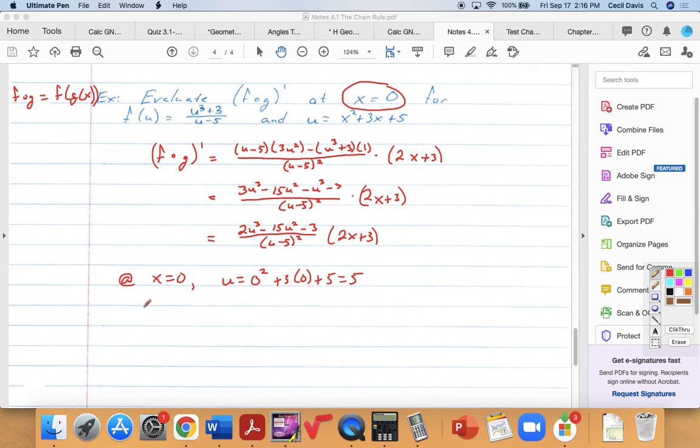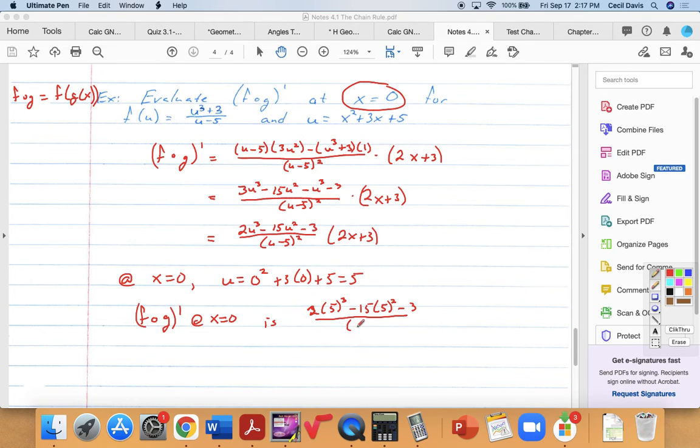So that means that my derivative of this composition is going to be 3 times 5 cubed minus 15 times 5 squared. Oh, sorry, 2. My fault. I accidentally looked up a row. Minus 3 over, oh crap, I forgot about this.